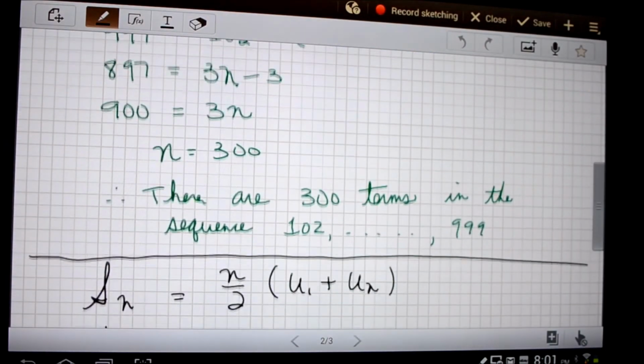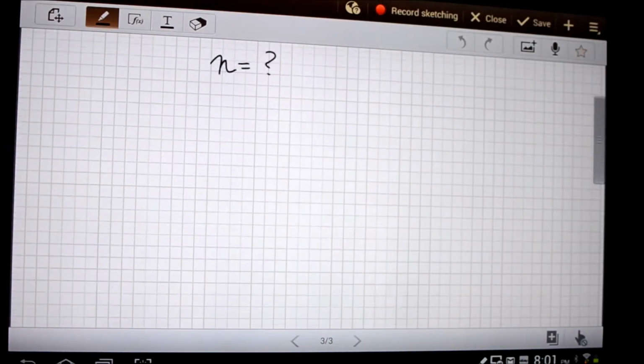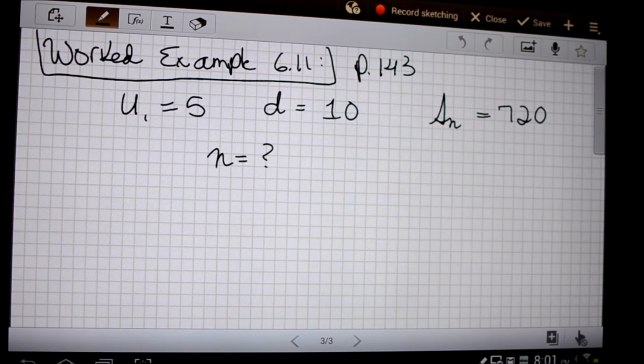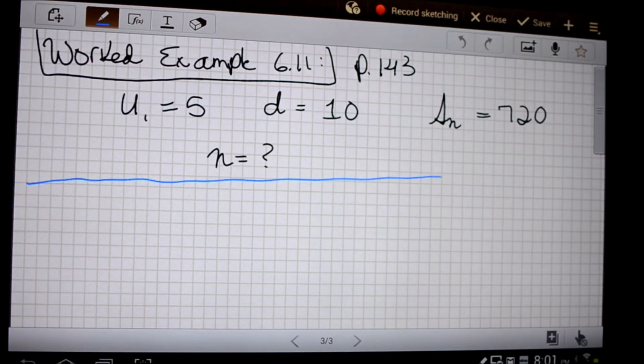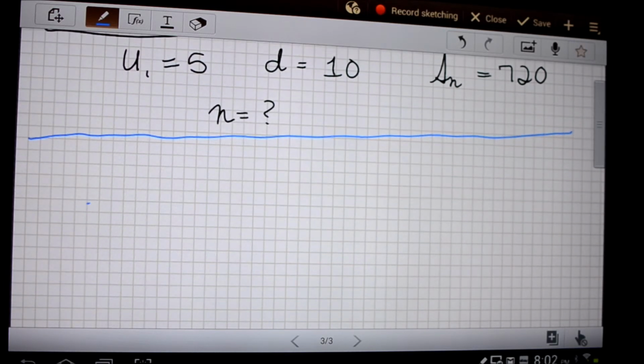See if I can remember it. Okay, so the sum of the first n terms, again, that's something we don't know, is going to be n over 2, again, that's what we're trying to find, times (2 times U1 plus (n minus 1) times the common difference).